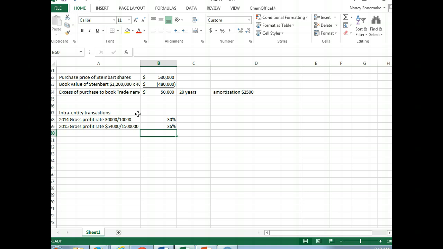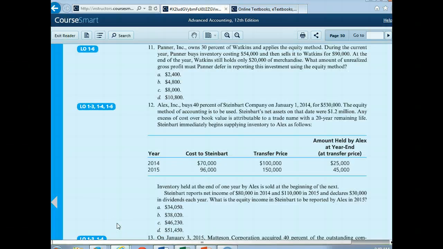So, the question here is, what is the equity income in Steinbart to be reported by Alex in 2015? Okay? So our job is to figure out the equity income to be reported in 2015.